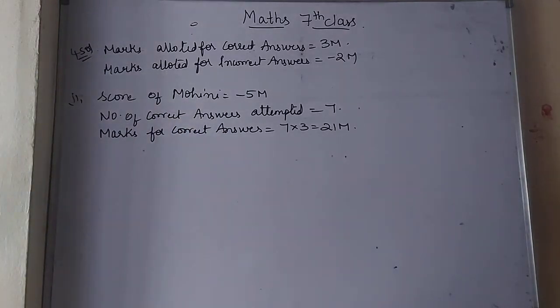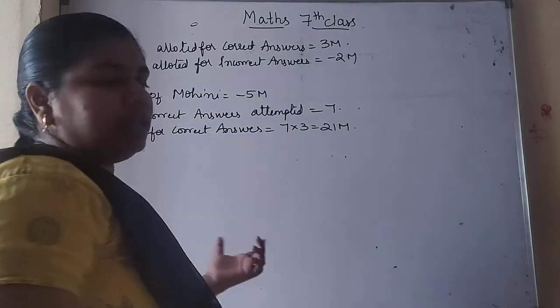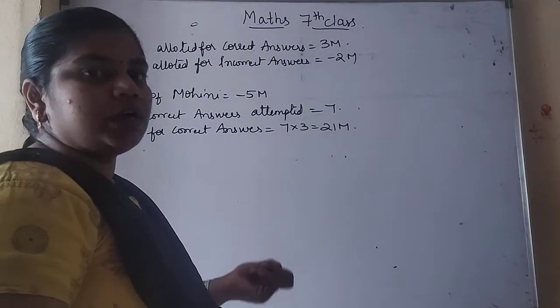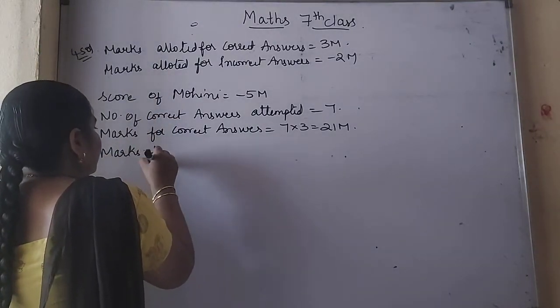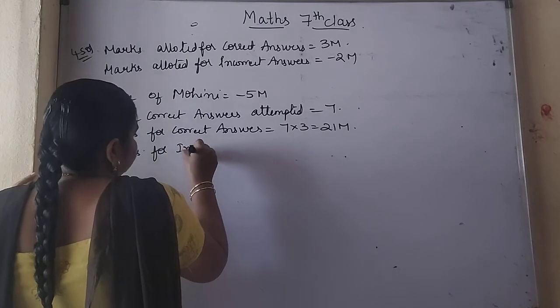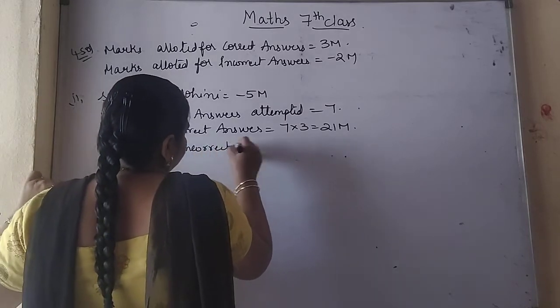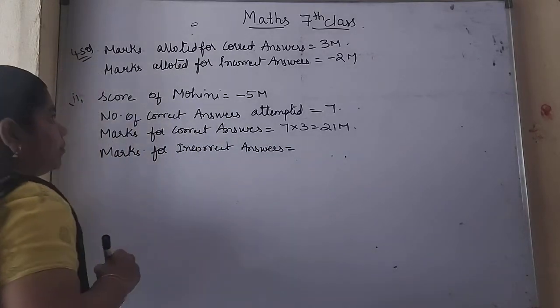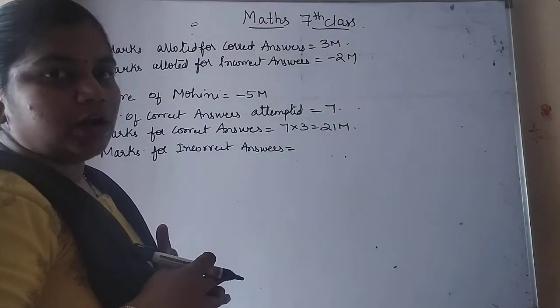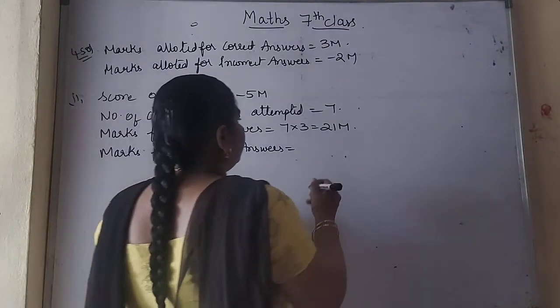Now what we have to find? Before finding how many questions she wrote incorrectly, first we have to find how many marks she got for incorrect answers. So from total marks, if you take out the correct marks, the remaining will be incorrect.